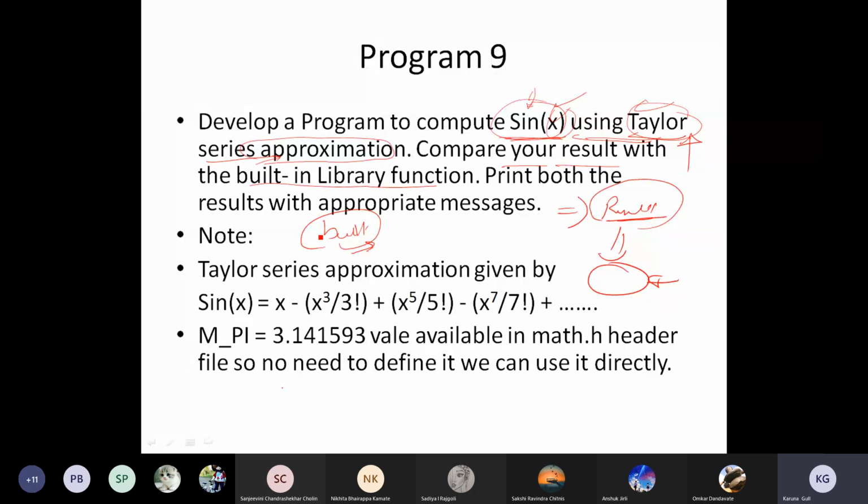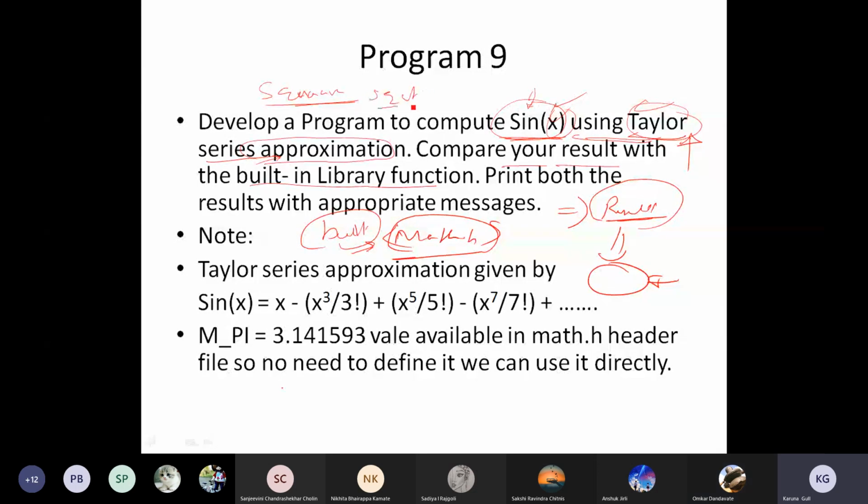Any one of you, please? Math.h. Math.h is the header file that we are supposed to add. If I am interested to find the square root of a number, what is the function available in C language? SQRT.